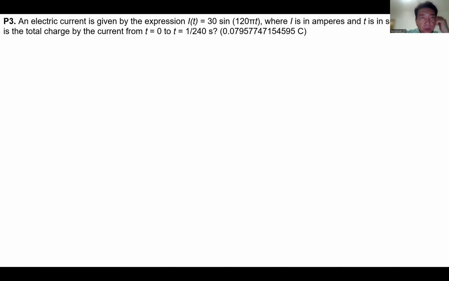An electrical current is given by the expression of this current. And the question is, what is the total charge carried by the current in the given time period? Okay.